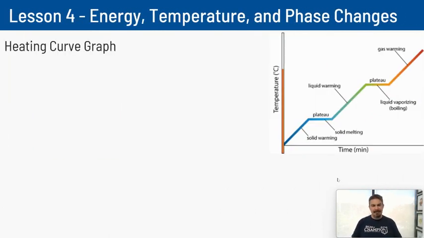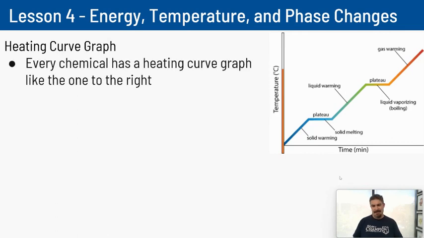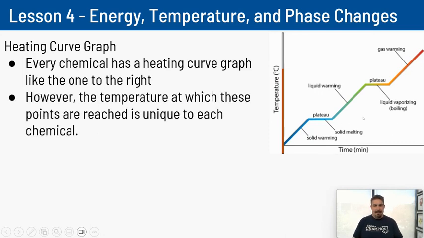Okay? Now the heating curve graph, we can see one here. Every chemical has a graph like this. Any chemical can have a heating curve graph set up this way. But the temperature at which it reaches these points is unique to each chemical. And you may notice on this graph that we have temperature on the y-axis and we have time on the x-axis.